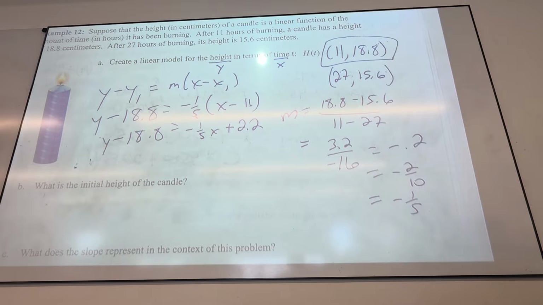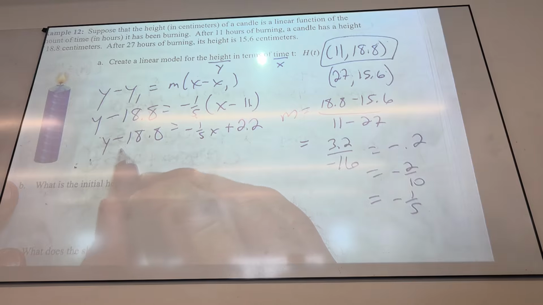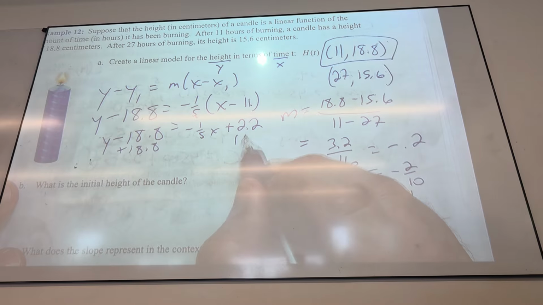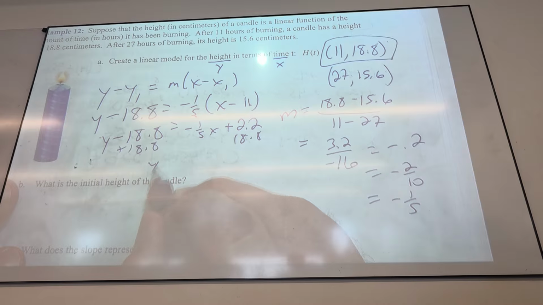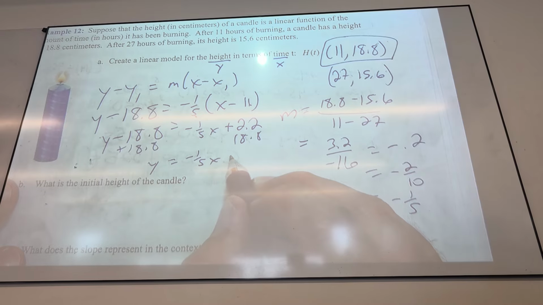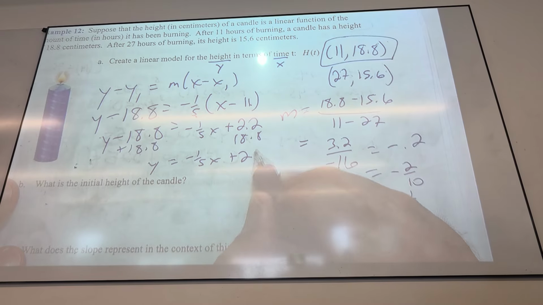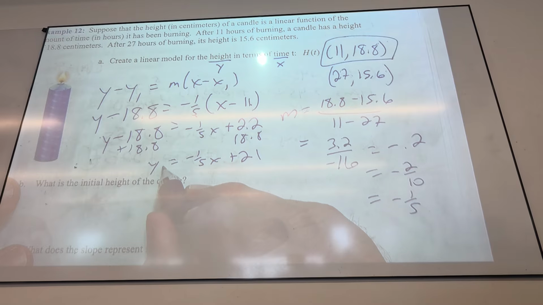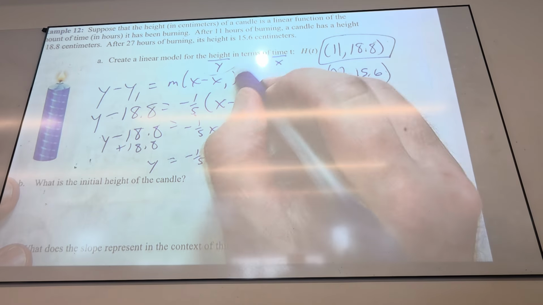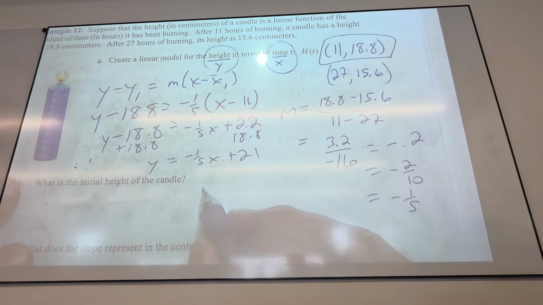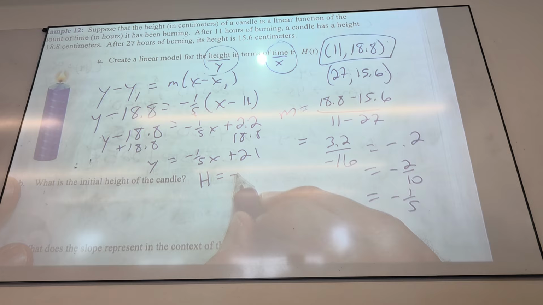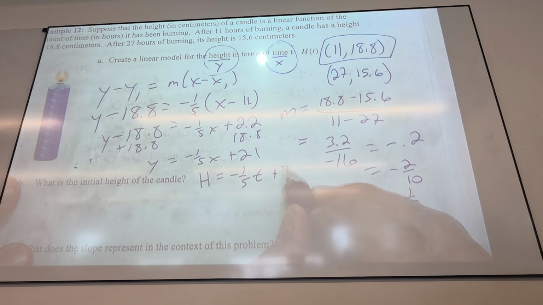And now what's my last step here? You add 8. Yeah. So I get y equals negative 1/5 x plus 21. What do I replace y with? A capital H. Yep. Height is negative 1/5 time plus 21.